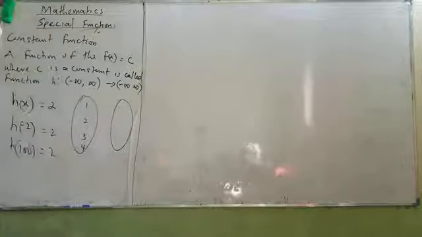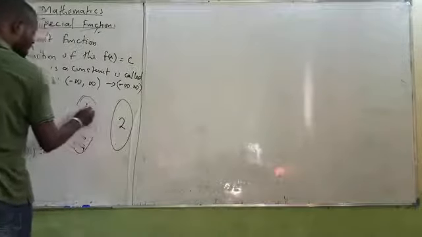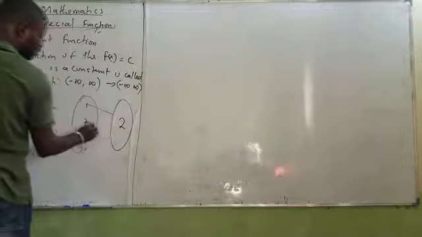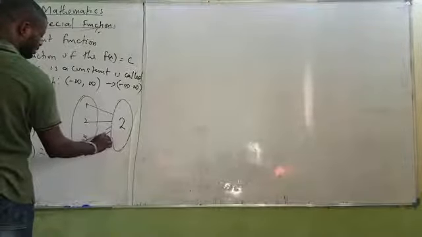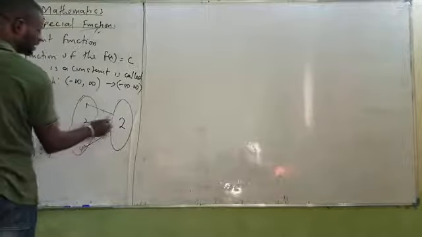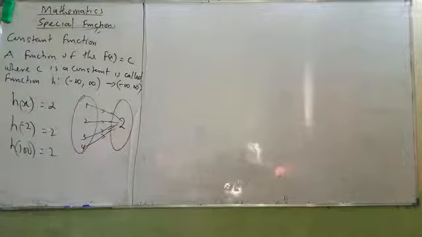This is how this thing is being set up. It means it will give us 2. At any given setting, it will give us 2. Since everything is directed to 2, this is a constant function.